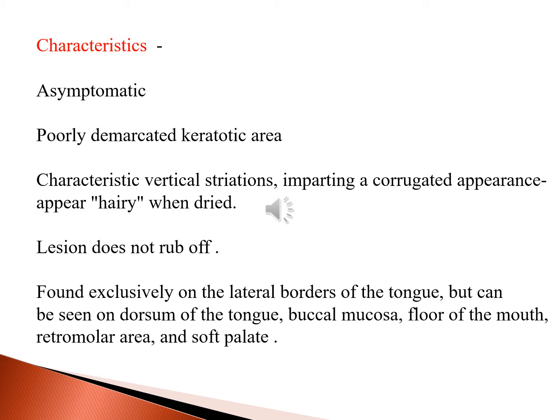They do not rub off, and they are found exclusively on the lateral borders, as mentioned, but can be seen on the dorsal surface of the tongue, or sometimes such lesions can occur on the buccal mucosa, floor of the mouth, retromolar area, and even the soft palate.